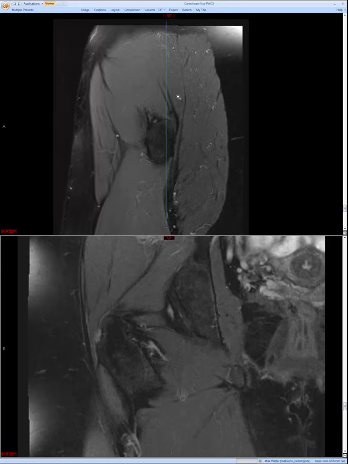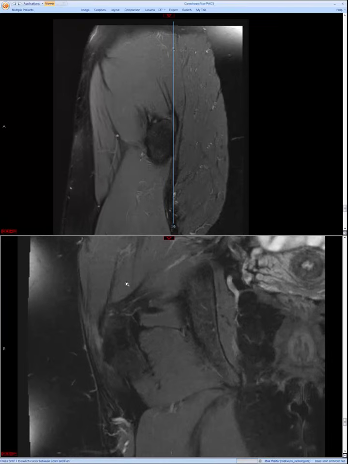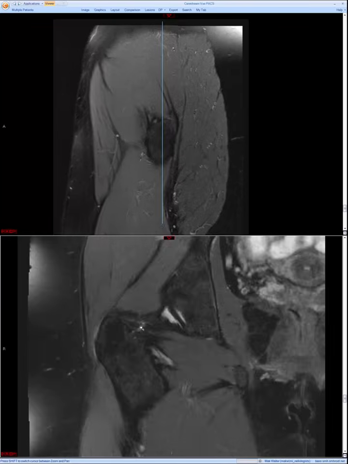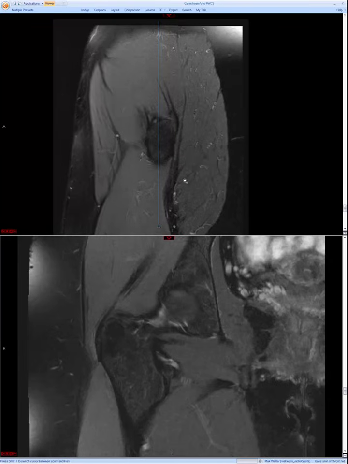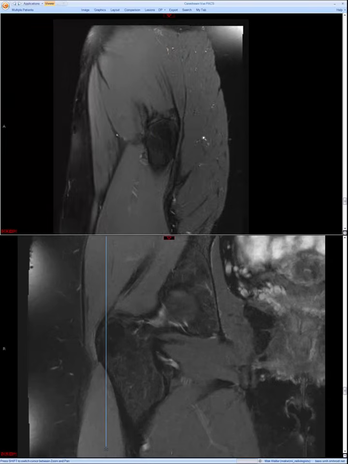So to review, gluteus minimus and medius both insert onto the greater trochanter, as you can see here, and then gluteus maximus actually inserts more inferiorly along the posterior aspect of the proximal femur along the linea aspera.